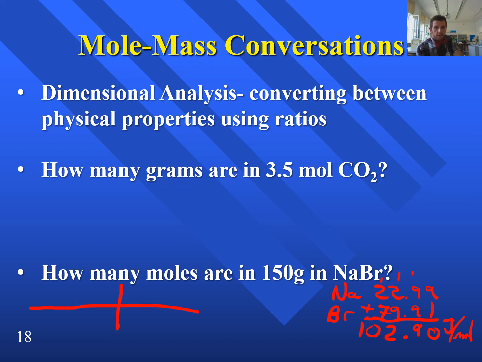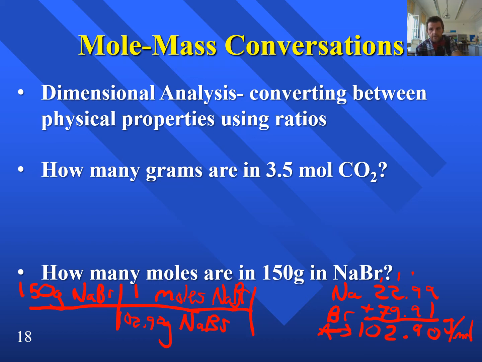And then it is the same exact type of problem. So you'll see 150 grams of NaBr. I'm going to take my unit and lower it down there, so grams NaBr, and I'm going to switch this over to moles NaBr. 1, and then I'm going to take this number and put it in the blank, 102.90.